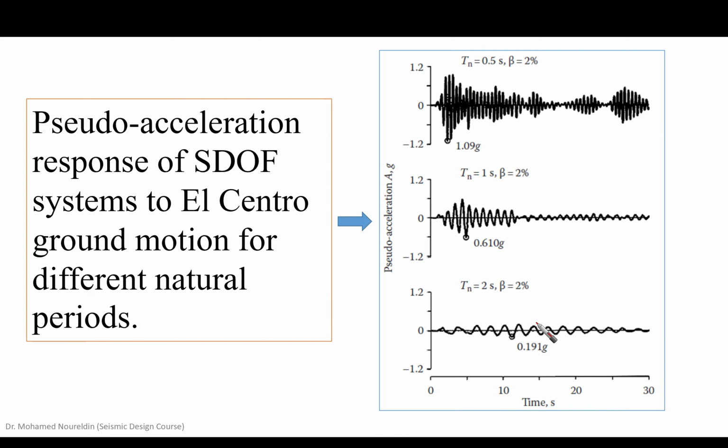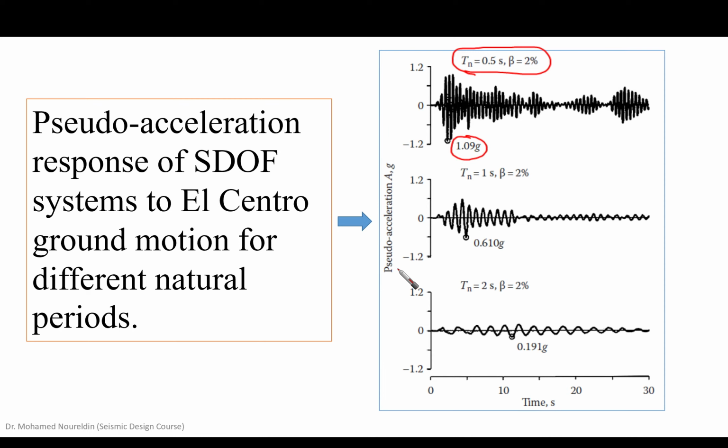Let's plot them here. This is actually what we have obtained. This is the pseudo acceleration response of a single degree of freedom system to the El Centro ground motion for different natural periods. So here, this is Tn, 0.5 second, and beta equal to 2%. This is the total response spectrum. We find that the maximum A is 1.09 g.